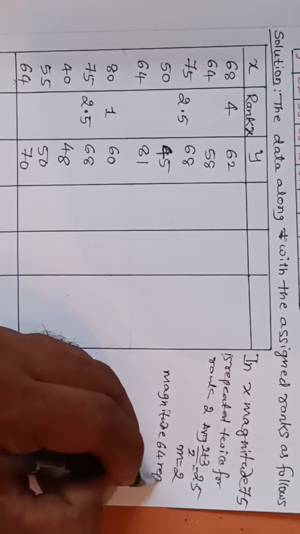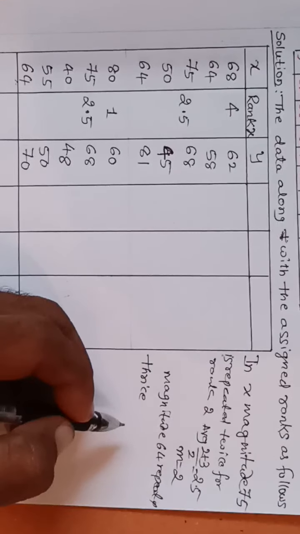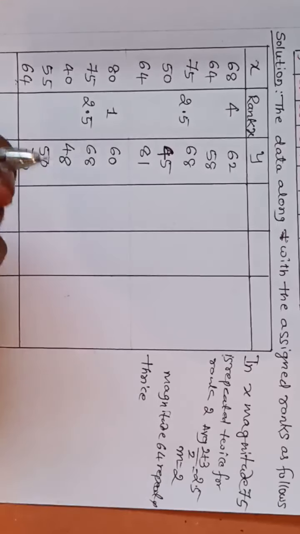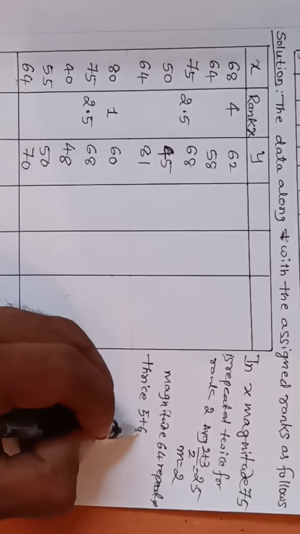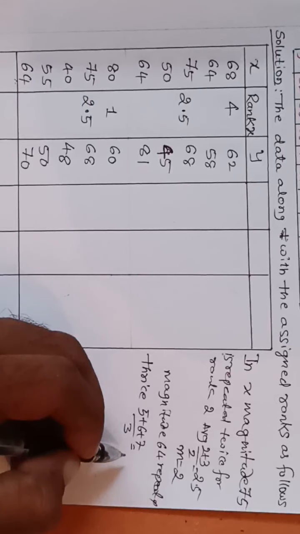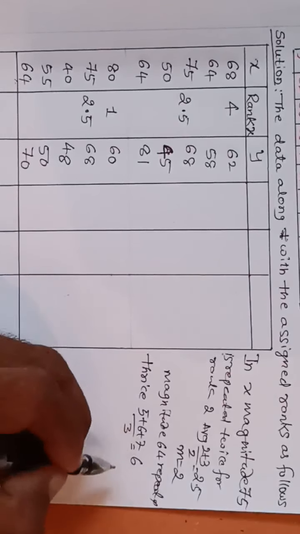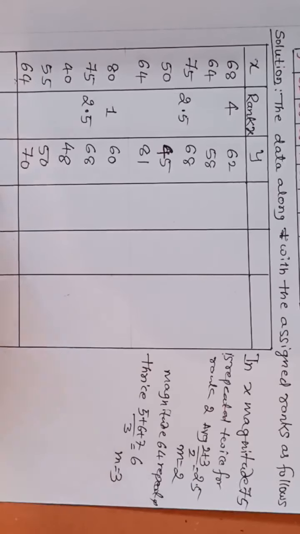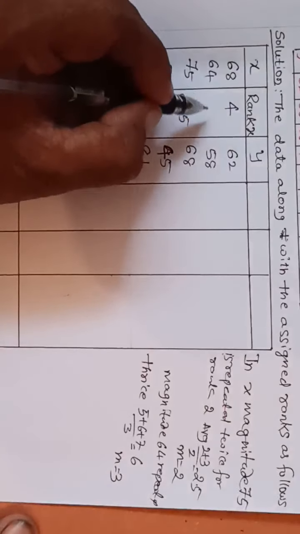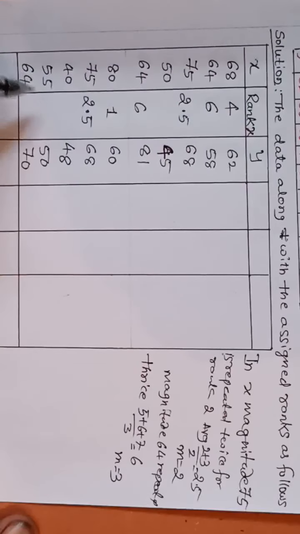Now the fourth rank is over, so ranks 5, 6, 7: the average is 5 plus 6 plus 7 divided by 3, which is 6. Here m equals 3. So we write the 6th rank for each of them. Now the 8th one.